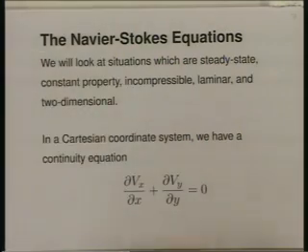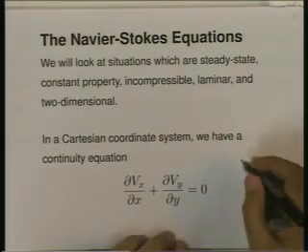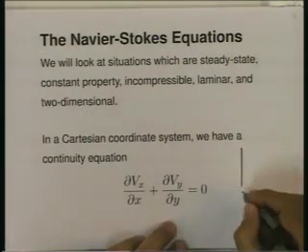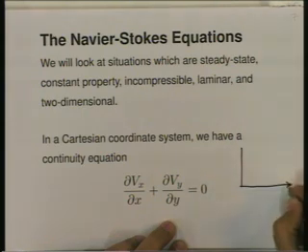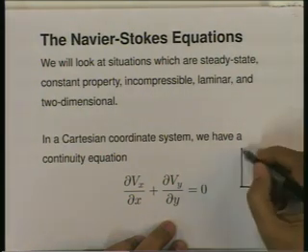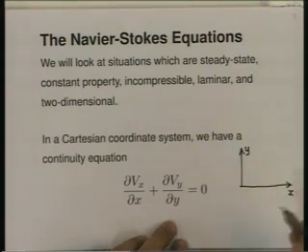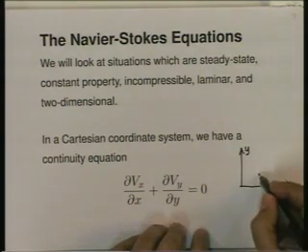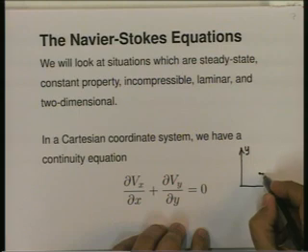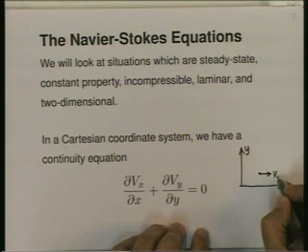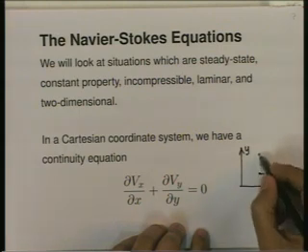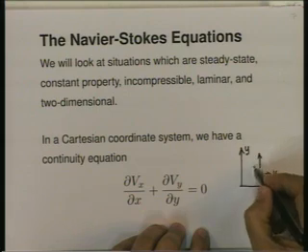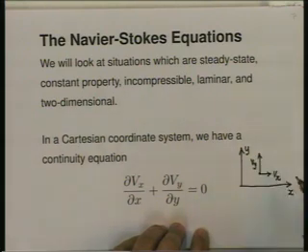Let us first look at a situation in the Cartesian coordinate system, where, let us say, this is the x direction and this is the y direction. At any point there will be a velocity component Vx in the x direction and Vy in the y direction.